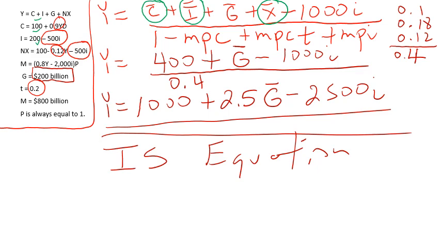And you remember what I said about the IS curve. The IS curve is a summary of the goods and services market. So they're one and the same, this equation. It's the equation for the IS curve and at the same time for the goods and services market.